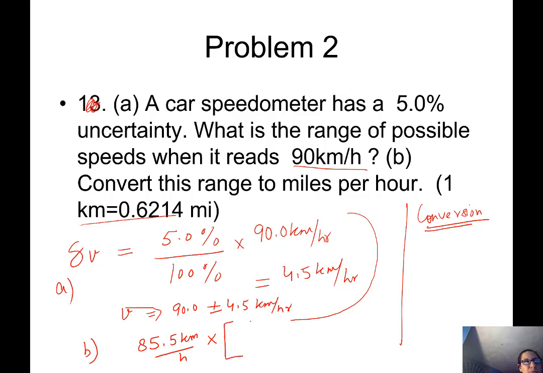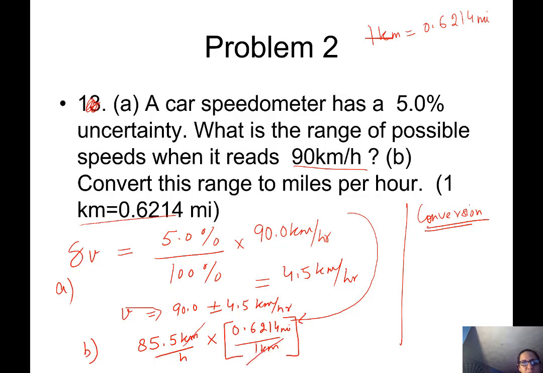The unit that you want on top should go on top. 1 kilometer is equivalent to 0.6214 miles. Do not worry about the conversion numbers. I'm always going to give you the conversion. You just focus on how to do the conversion.